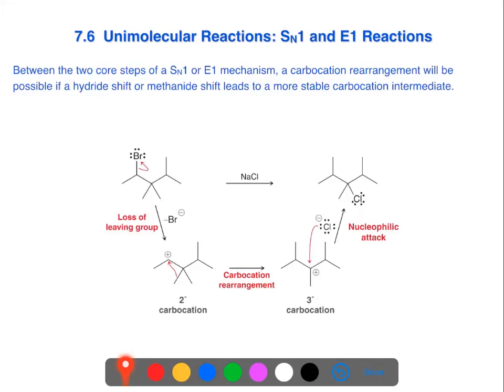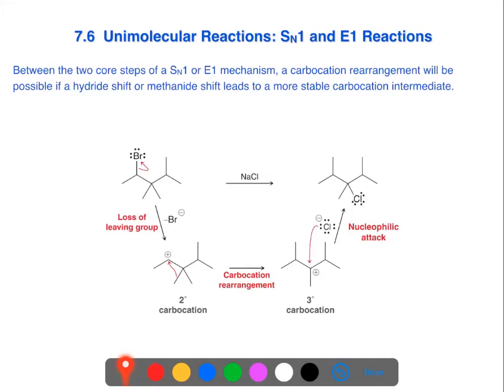It's at this point that we will have a carbocation rearrangement. Specifically, we have a 1,2 methanide shift. So that methanide shift will result in the formation of a much more stable carbocation, the tertiary carbocation. And again, this is something to always look for when your intermediate is a secondary carbocation.